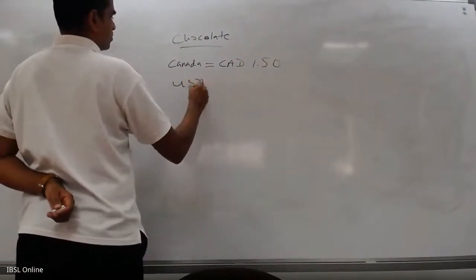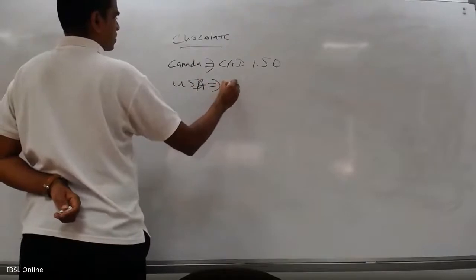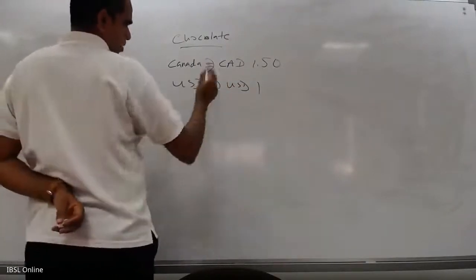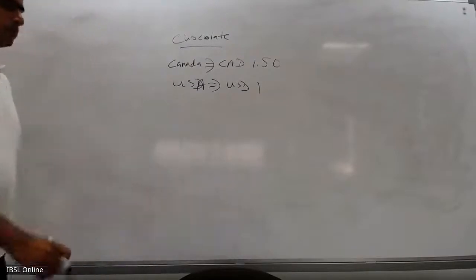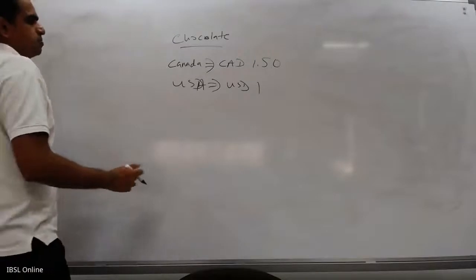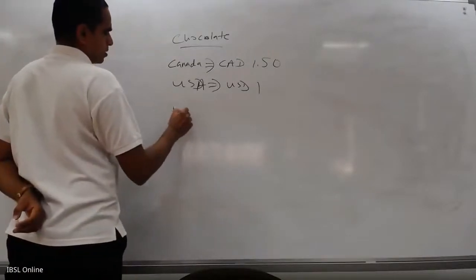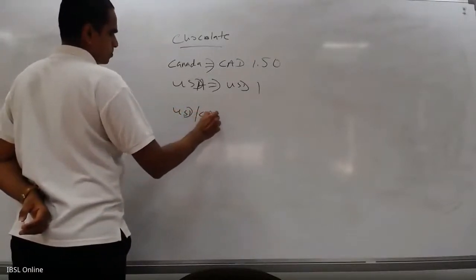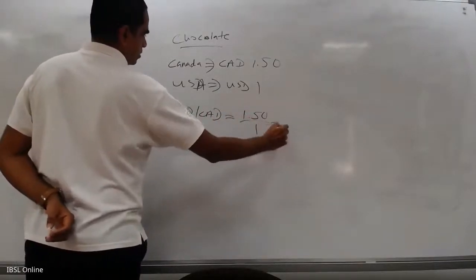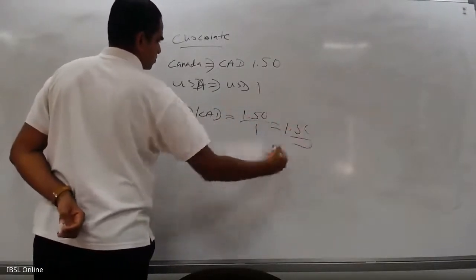In the US, it's US dollars 1. What is the exchange rate, US dollar to Canadian dollar? It is 1.5 divided by 1, so it's 1.5. That is the exchange rate.